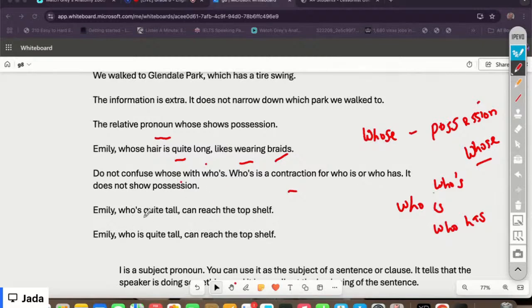So, Emily, who's quite tall, can reach the top shelf; that is, Emily, who is tall. It doesn't show any possession here. So you have to take note of whose, the possession, who, and whom. You have to take note of all these relative pronouns.